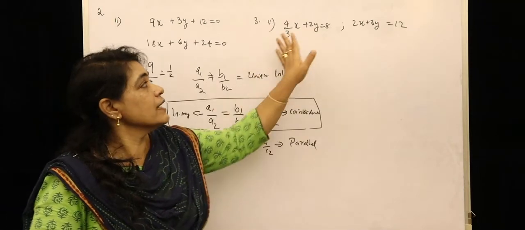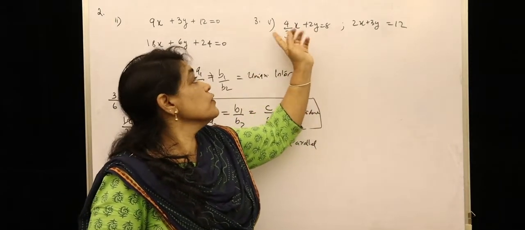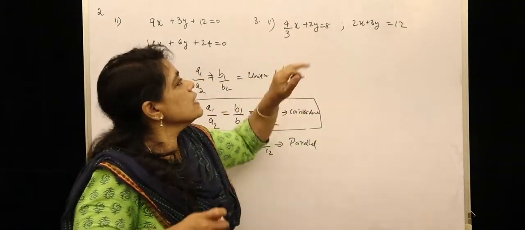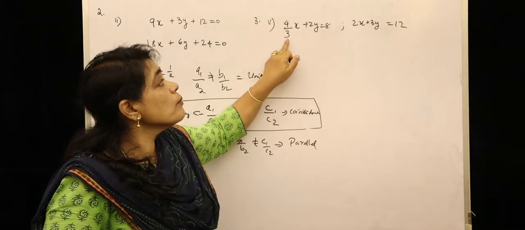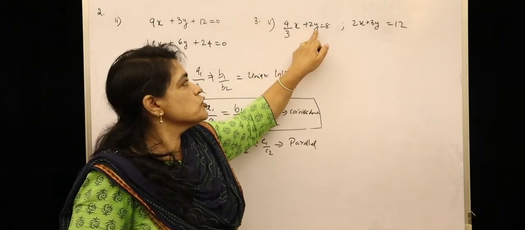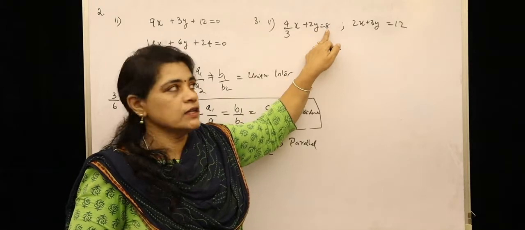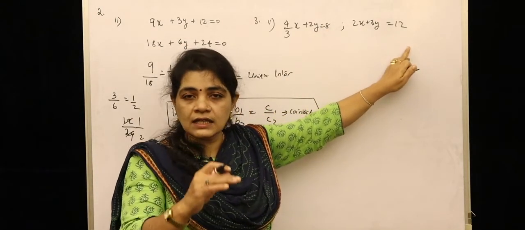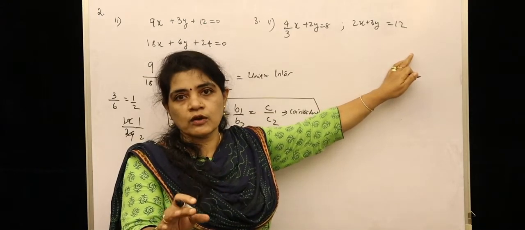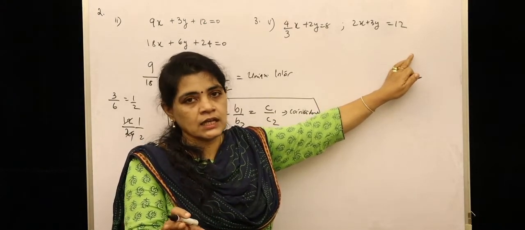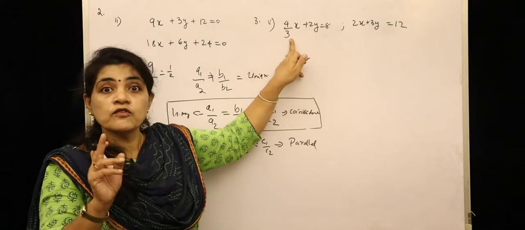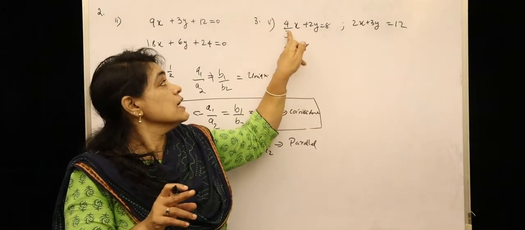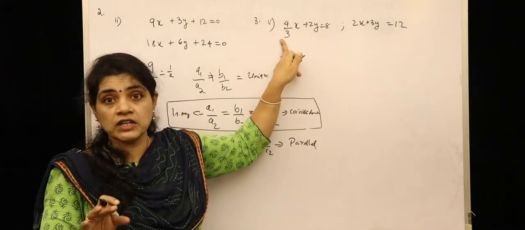I selected one for you, that is the fifth question. See here the fifth question, 4 by 3 x plus 2y equal to 8, but in the second equation 2x plus 3y is equal to 12. That is the general form or the standard form of pair of linear equations. But here the coefficient of x in the first equation is a fraction.